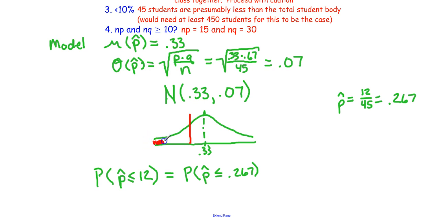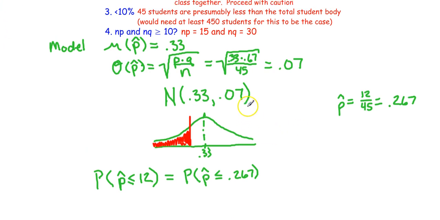We just want to get an idea. And we want to know this particular probability. What's the probability that if we go take a sample, our p-hat is going to fall in that region? So the last phase of this is to calculate that probability. What is the probability that our particular sample has a sample proportion that's less than 0.267 if we're operating under the assumption that the population proportion is still true with a standard deviation of 0.07.